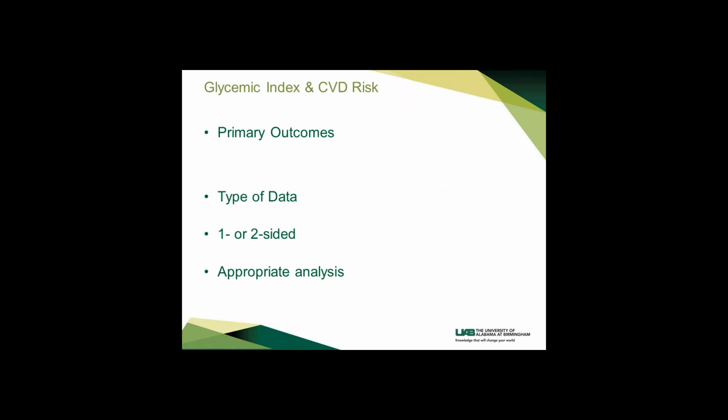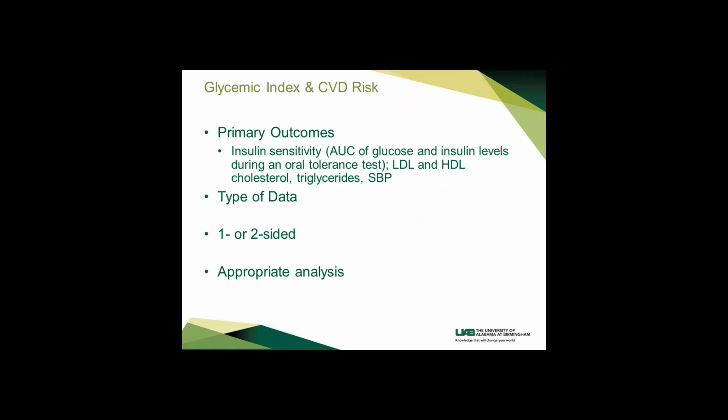Risk factors. So the way that it's described in their objective is very broad. They say it's risk factors for cardiovascular disease and diabetes. As you read further in the paper, their primary outcomes are, there's more than one. It's insulin sensitivity, and that is the area under the curve of glucose and insulin levels during an oral tolerance test.